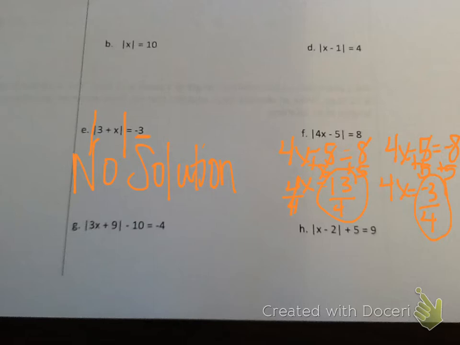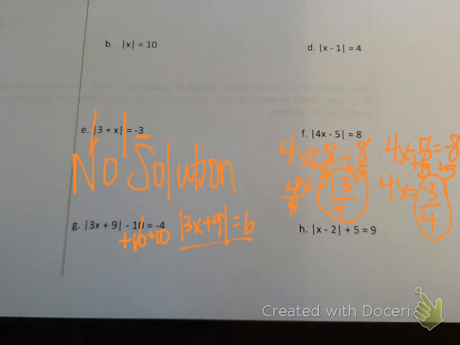And on letter G, so G is where things change just one more time. Anytime we have an absolute value equation, we have to get rid of whatever is not included in the absolute value first. So I would add 10 and then evaluate this as an absolute value equation and set up my two equations.